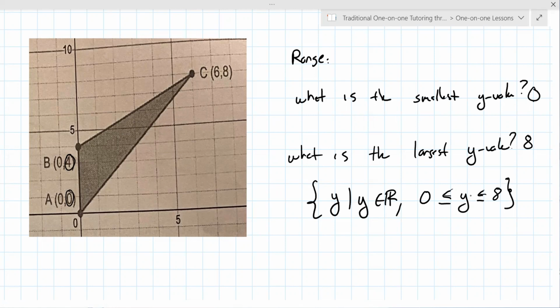Any questions on that? So it's always pointing to the left? Yes. That means between. Okay, that's fine. I'm good.